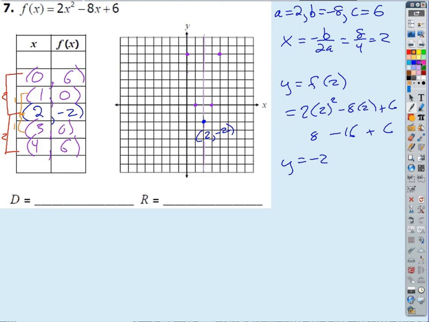And if I graph this thing, what's it look like? It's going to be tall and skinny, opening up. Okay? Get the idea? Now, could anybody tell me, this is like looking way ahead here, so this isn't something I would expect you to see. But what did the A mean when we were doing our vertex form stuff?